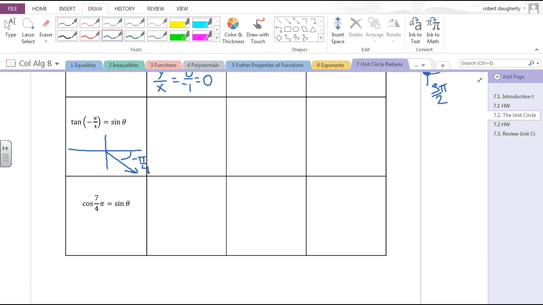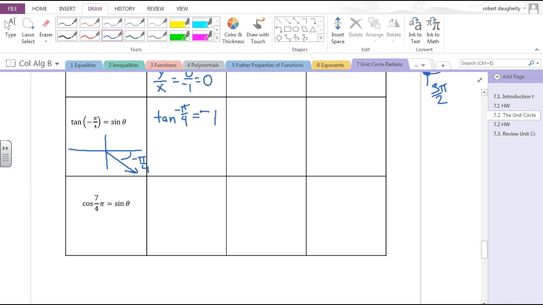That's y over x. At pi over 4, the y value is square root of 2 over 2. The x value is square root of 2 over 2. Y over x is 1. So the tangent of negative pi over 4 is equal to 1, but it's in the fourth quadrant. What's the value of tangent in the fourth quadrant? Tangent is a negative value in the fourth quadrant.